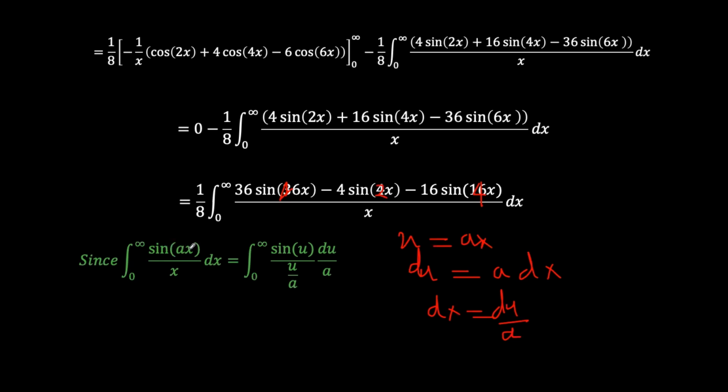And so in place of sine ax, we have sine u, and then in place of x, we have u over a, and then du. So this and that cancel out, and so we're left with sine u over u. And then from u equals 0 to infinity, this is a very popular integration. You can use integration using the Feynman integration trick, or differentiation under the integration sign. And we know this to be pi over 2.